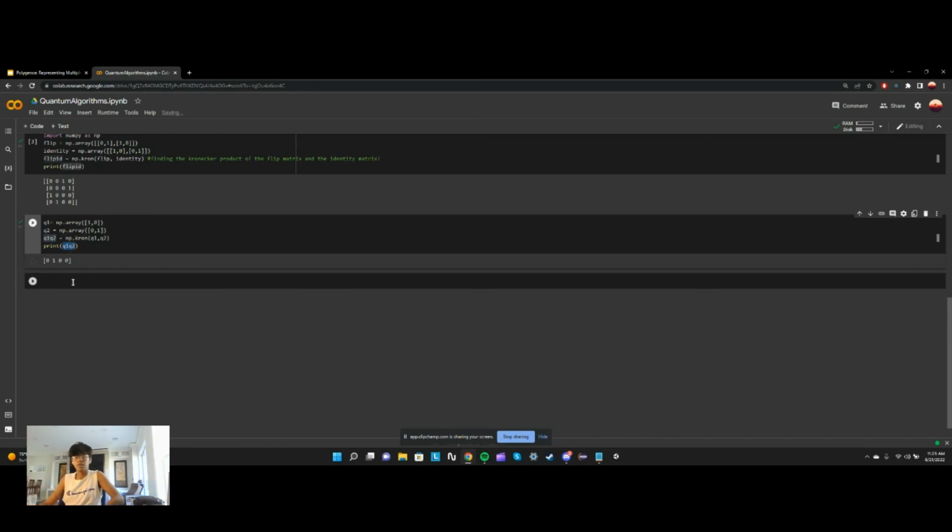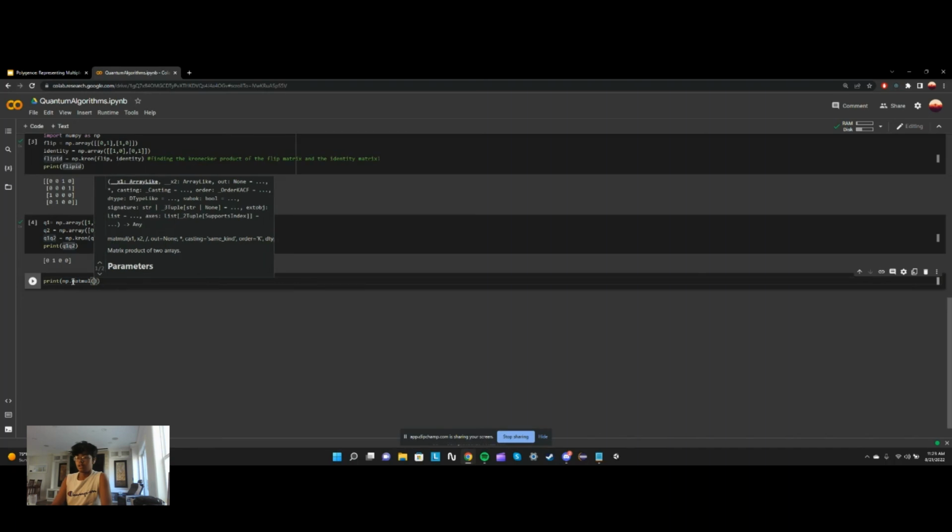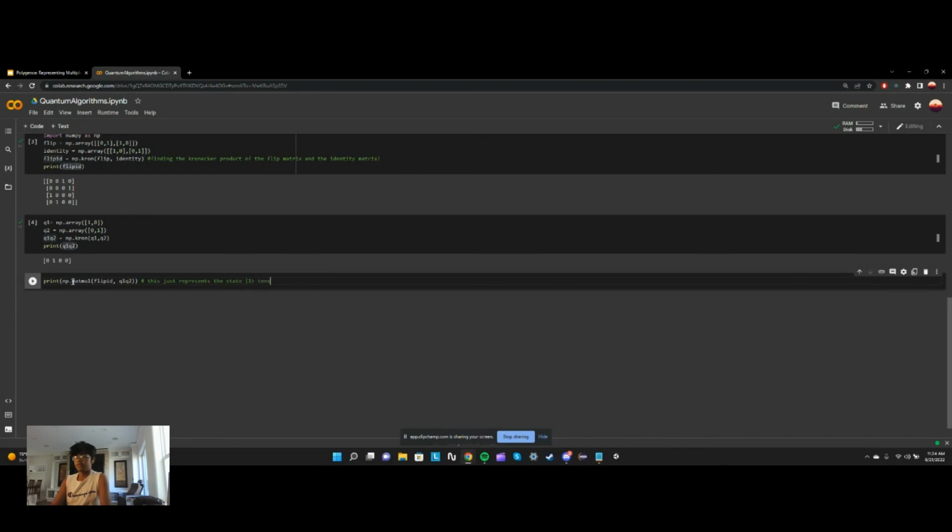So we're going to do print np.matmul, and then flip ID, q2, and again, this just represents state one tensor.